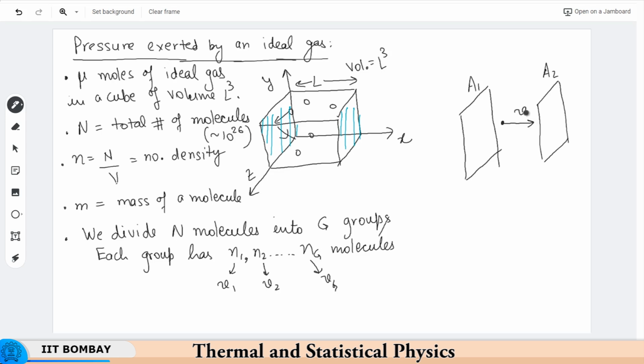Along the x axis its component will be v1x, along the y axis v1y, and along the z axis v1z. So, v1 squared, the square of the average velocity corresponding to molecules in group 1, can be written as v1x squared plus v1y squared plus v1z squared, where x, y and z are the 3 components of this velocity.